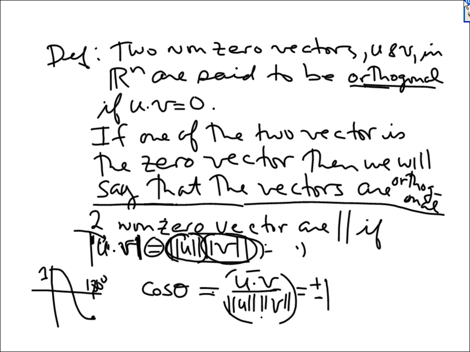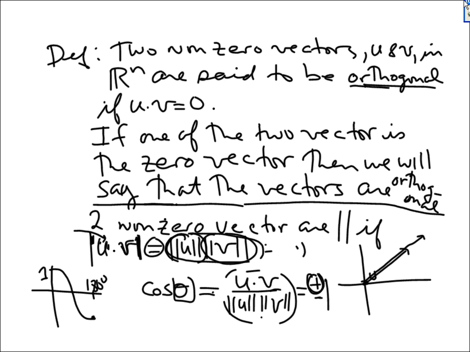Okay, so if you have a vector like this, and the other vector, and the angle between the two vectors is 0, then the other vector must be right on top of it. Maybe it's longer, maybe not. But in any case, they're parallel, and the angle is 0, so the cosine of the angle is plus 1. The cosine of 0 is plus 1.